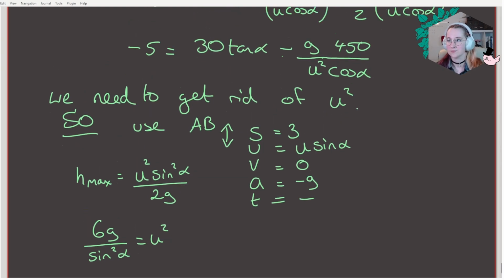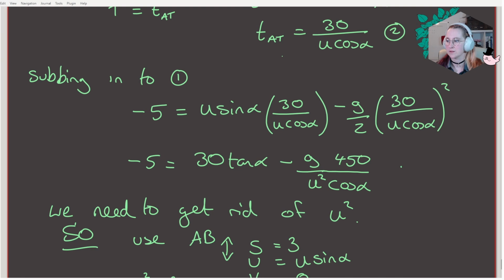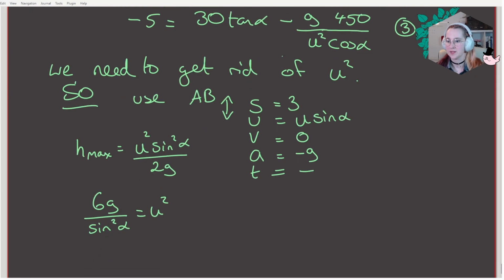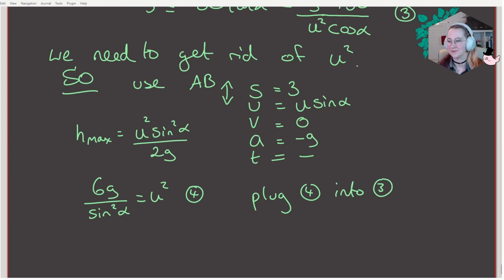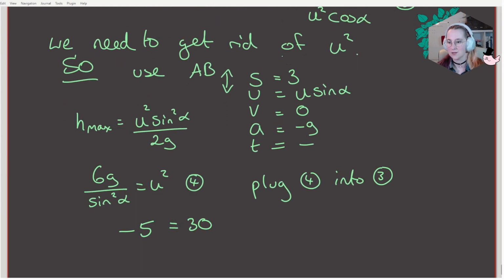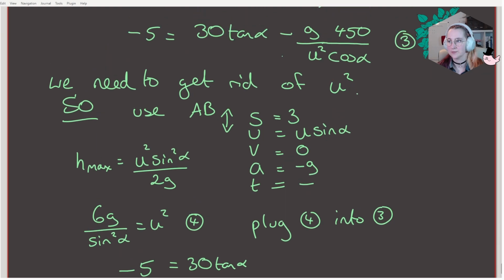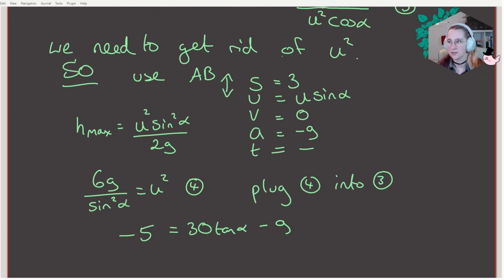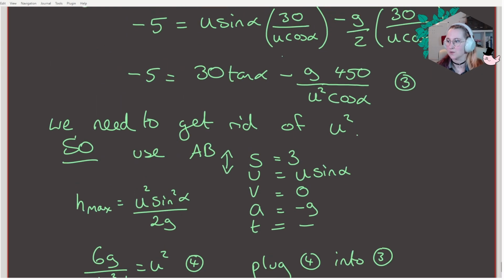So if this is equation 3, this is equation 4, so we plug 4 into 3. A lot of g, exactly. So we get -5 is 30 tan alpha minus g. That should be a squared there.